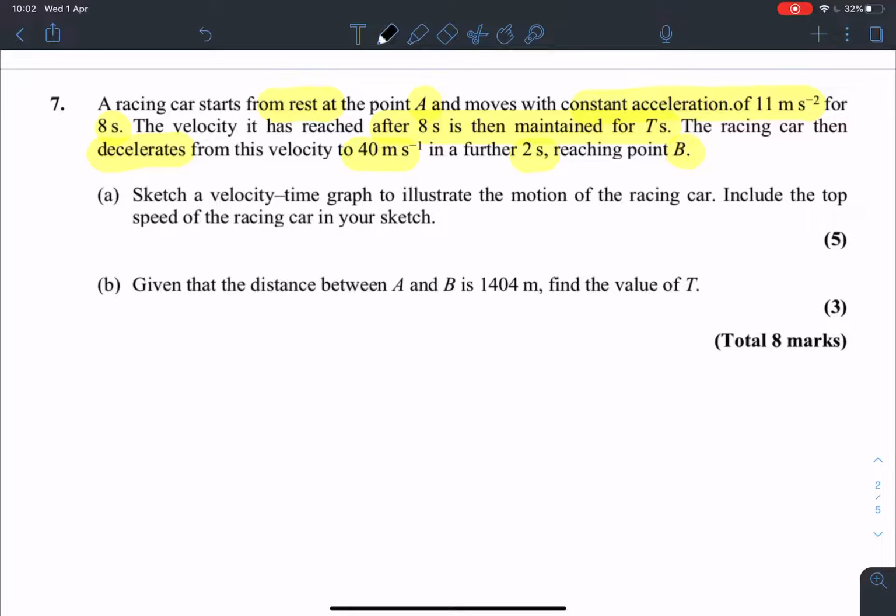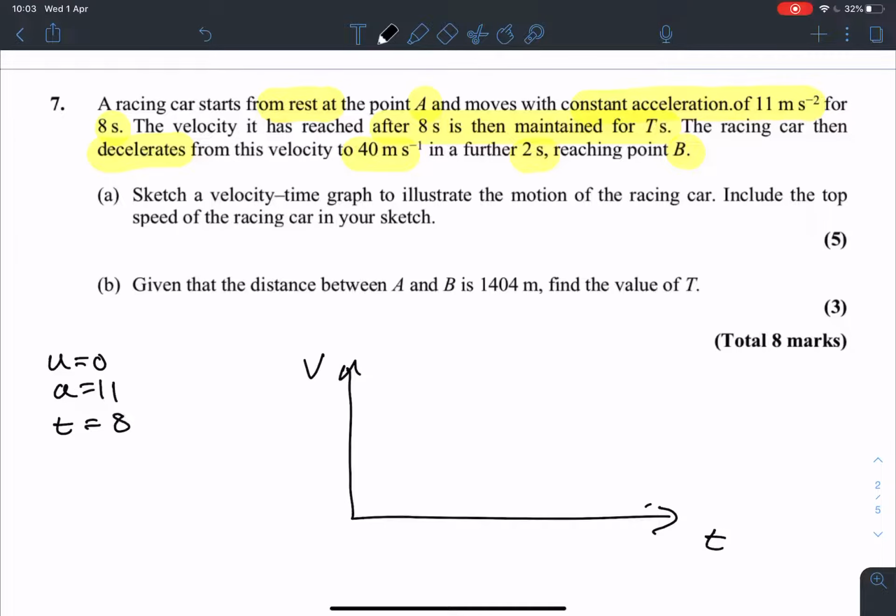And we need a velocity-time graph. So, what have we got? Starts from rest, so this is the velocity, this is the time. Accelerates at 11 meters per second squared for 8 seconds. So that's SUVAT constant: u equals 0, a equals 11, t equals 8, and we want v.